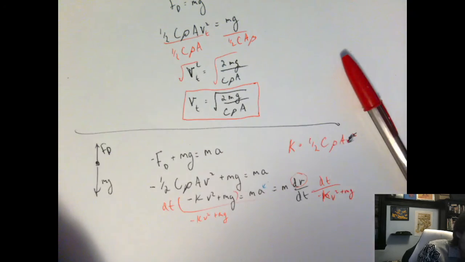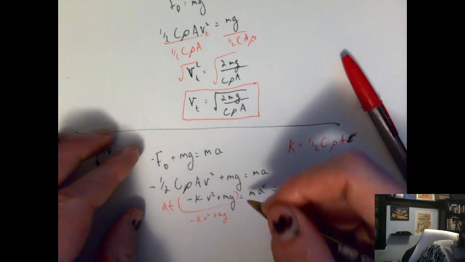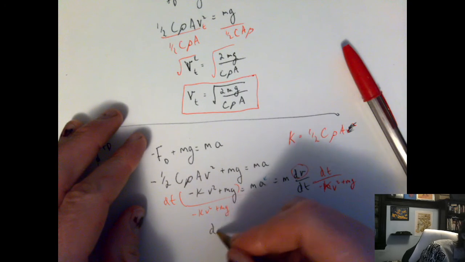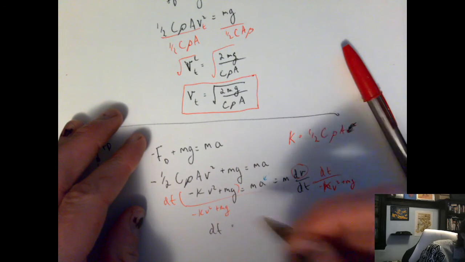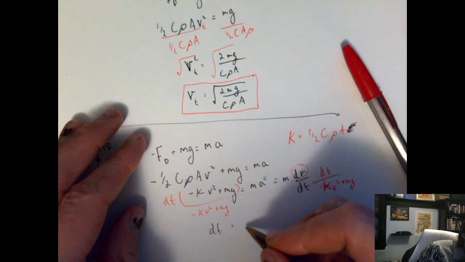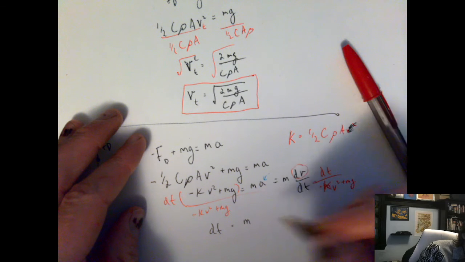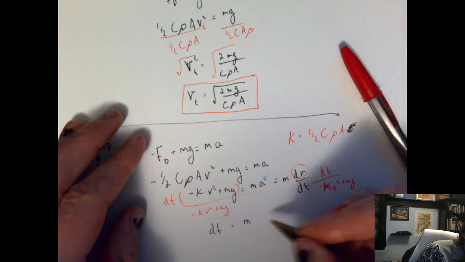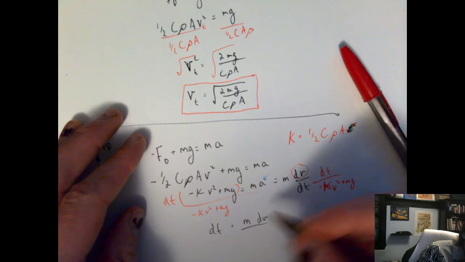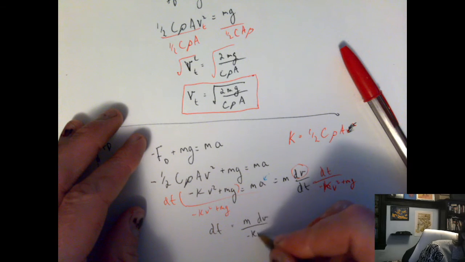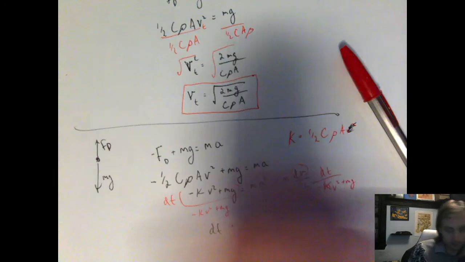What we'll wind up with is that dt is equal to m dv over negative k v squared plus mg.